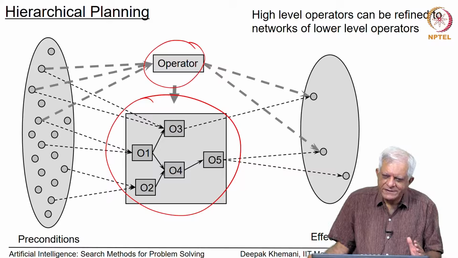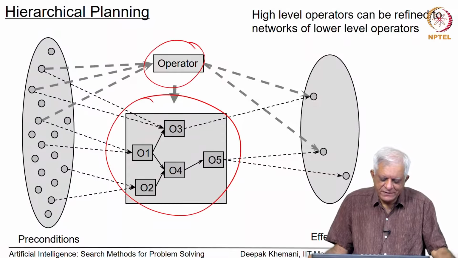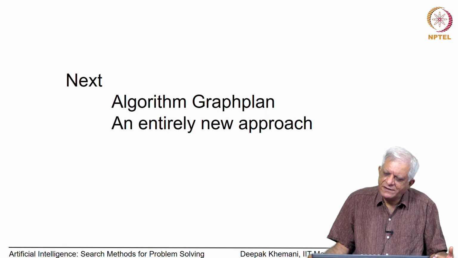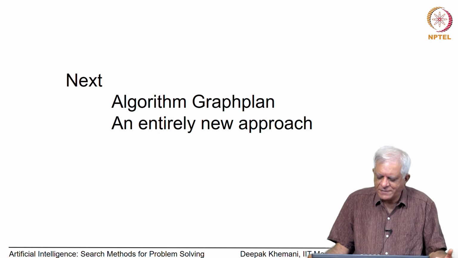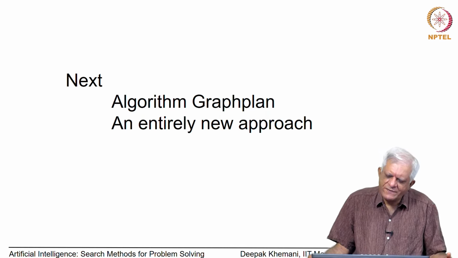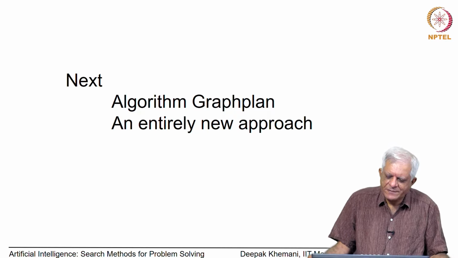What we will do next is shift our attention to an entirely new way of planning which came up in the mid 90s, an algorithm called Graphplan, which revolutionized planning in some way, because up to that time all the approaches that we have seen in planning could produce only short plans, plans of 10 steps or 15 steps or 20 steps and so on.